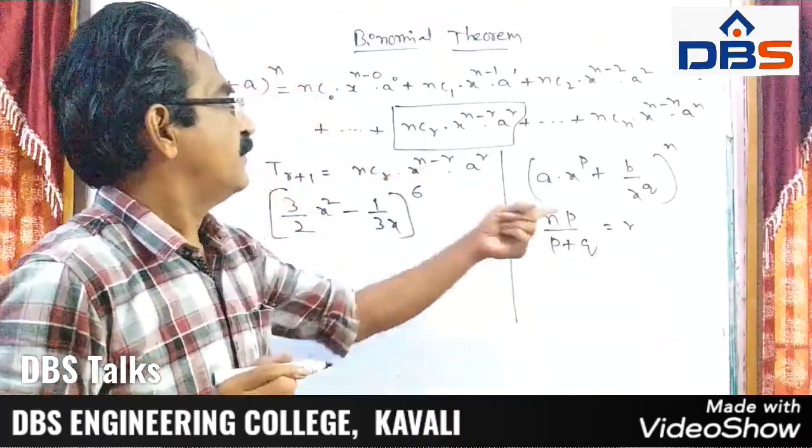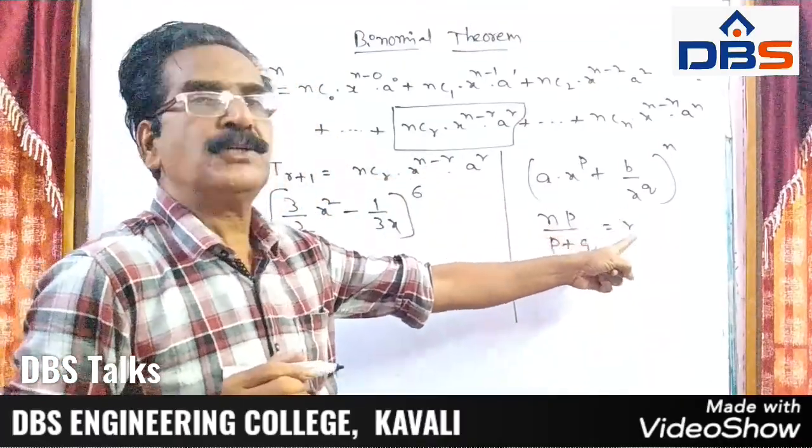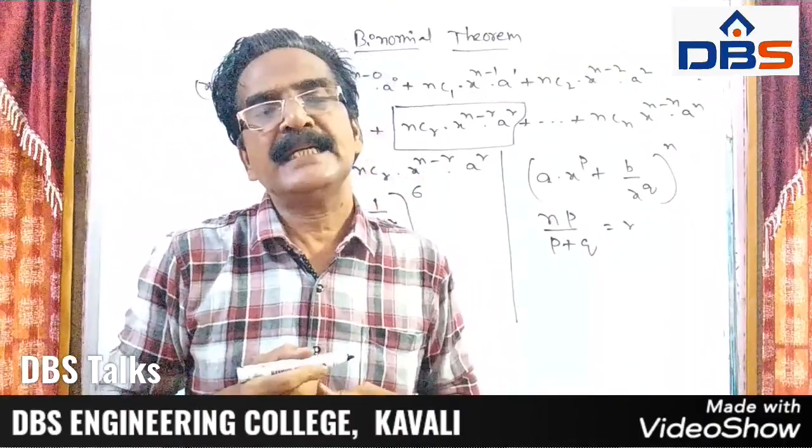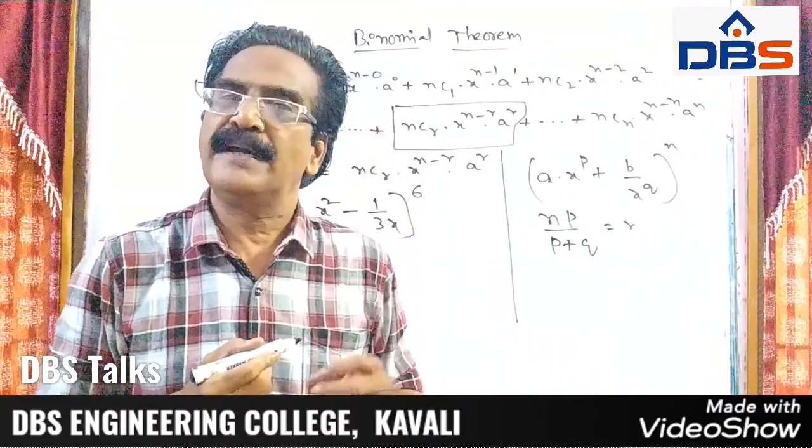Once we know r, let us substitute in the general term, then we get the term independent of x, friends.